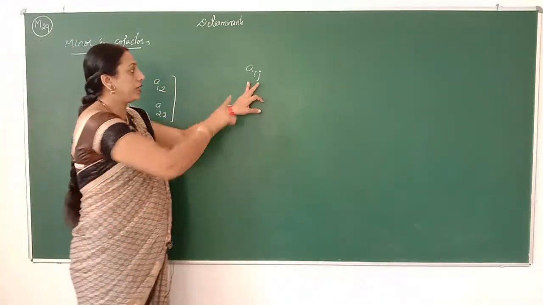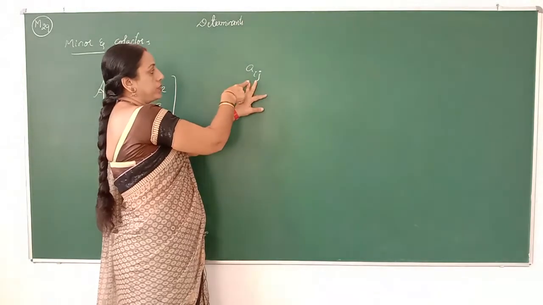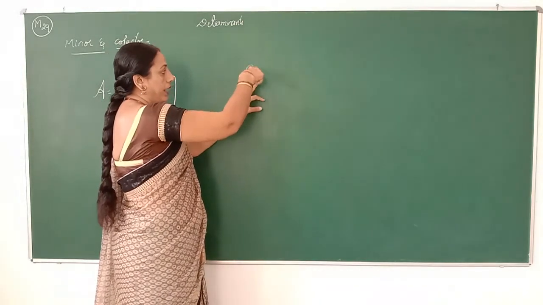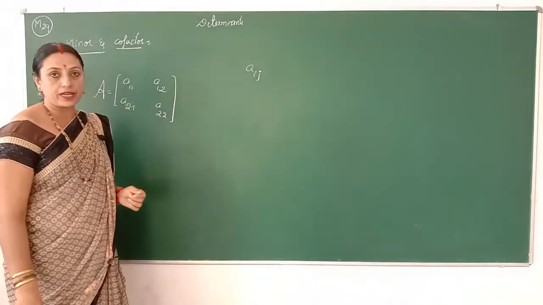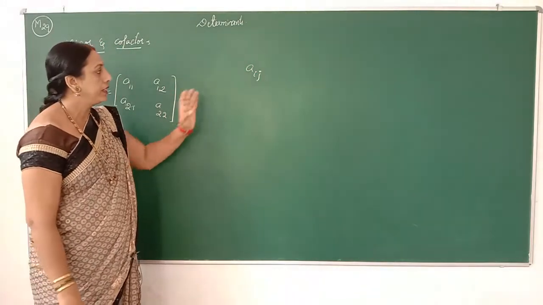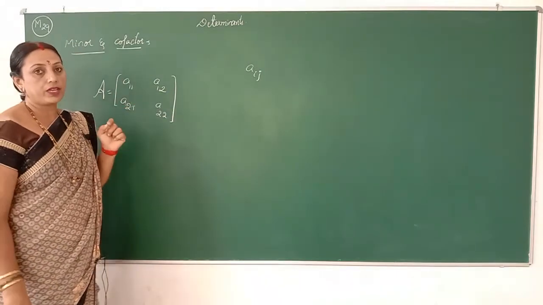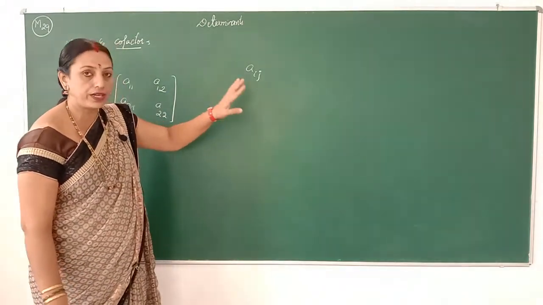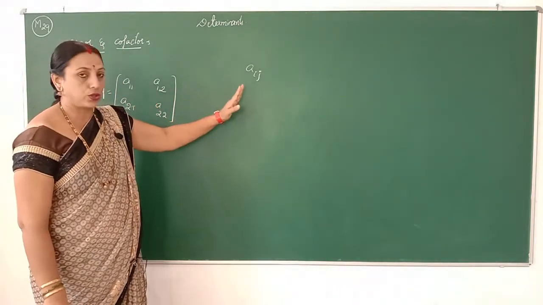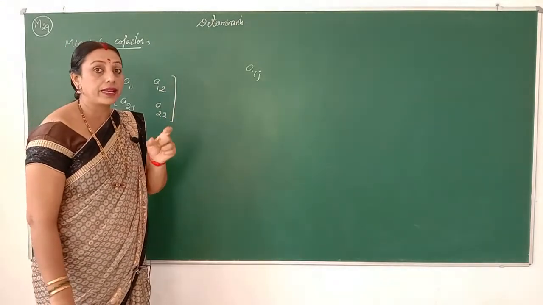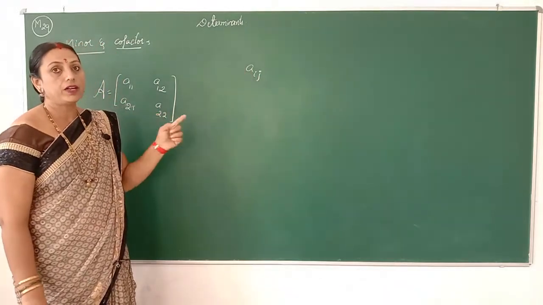The minor of the element Aij of a determinant is defined as follows: the elements of the ith row and jth column are removed or neglected, and the remaining elements form the minor of Aij.